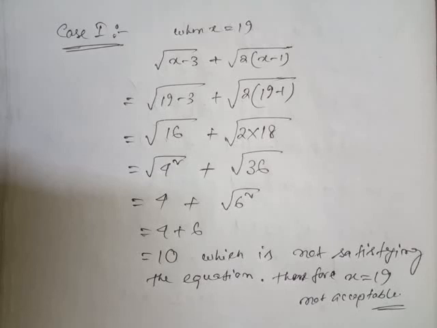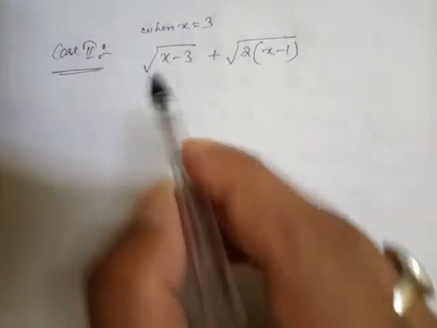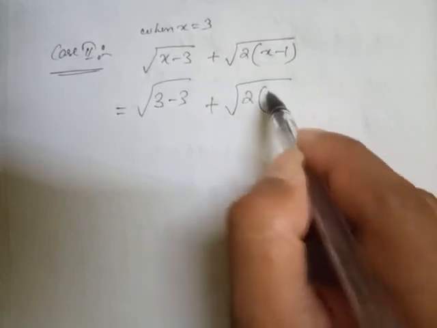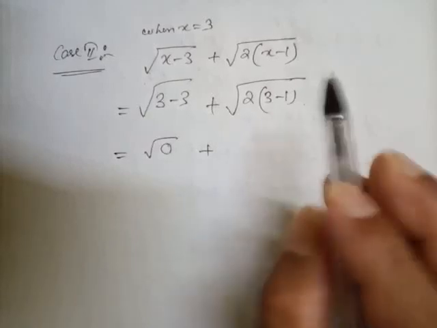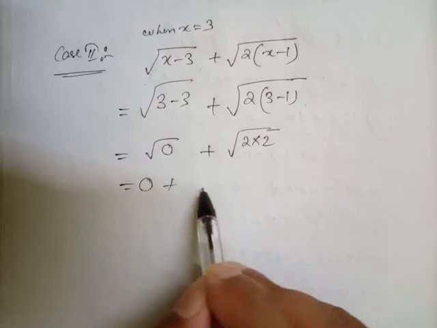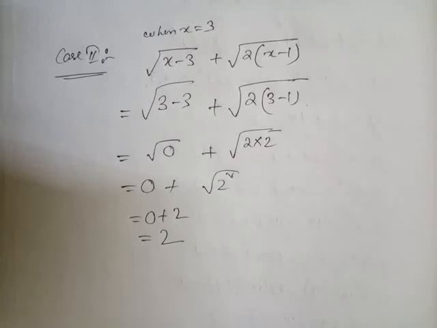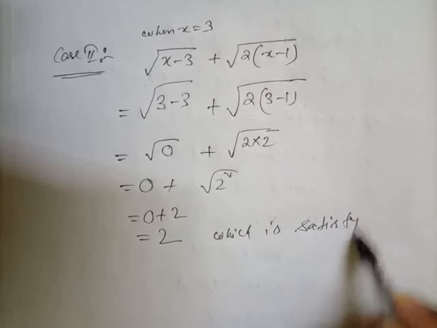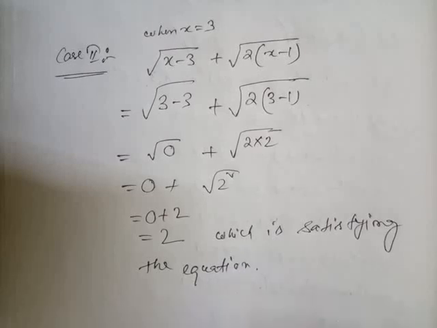First one over. Now second case, when x equal to 3, we'll put the value here, 3 minus 3 here. Now root over 2 into 3 minus 1, so 3 minus 3 is 0, and 3 minus 1 is 2, so there is 0, and 2 into 2 means 2 squared, the square root cancels, 0 plus 2, which means 2, which is satisfying our equation.